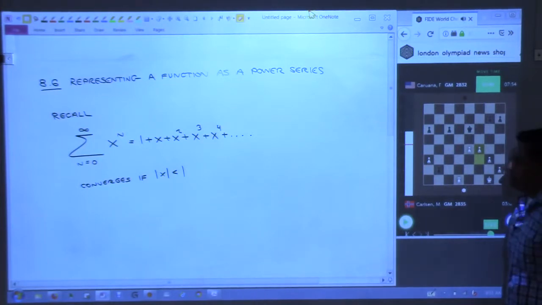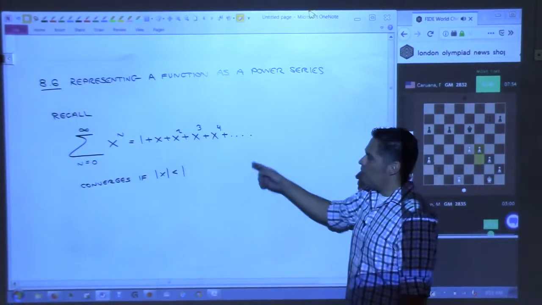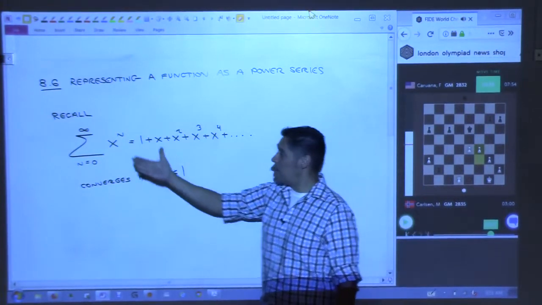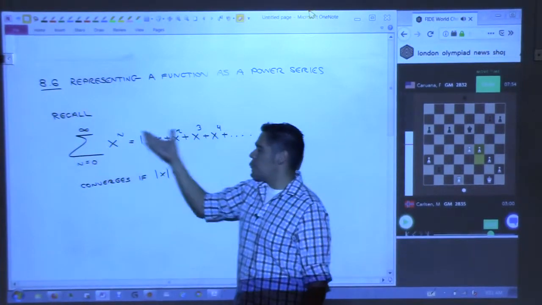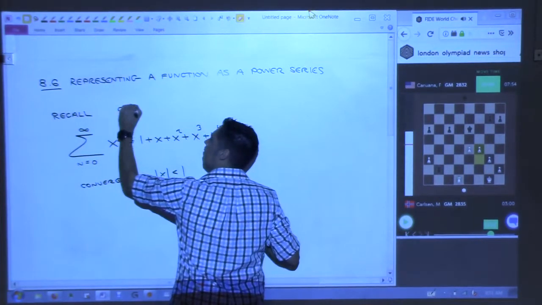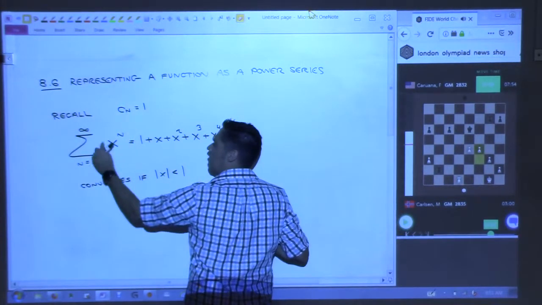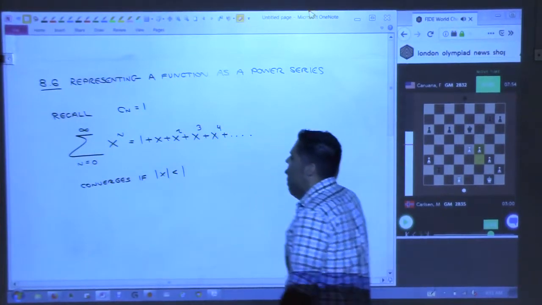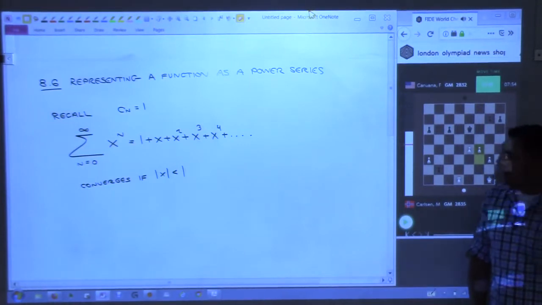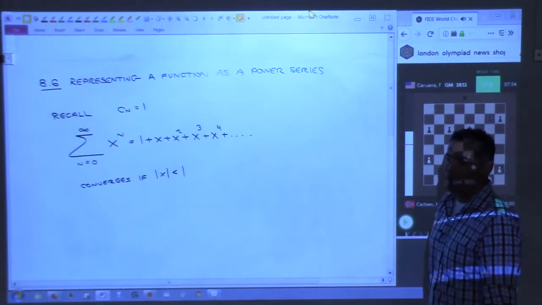So this will converge. This is important that you understand this. This is a power series, but it actually is a geometric series. This is when we said, let c sub n be equal to 1, so all the constants in front are 1s. So this converges if the absolute value of x is less than 1. Exactly, that's it. What does it converge to?